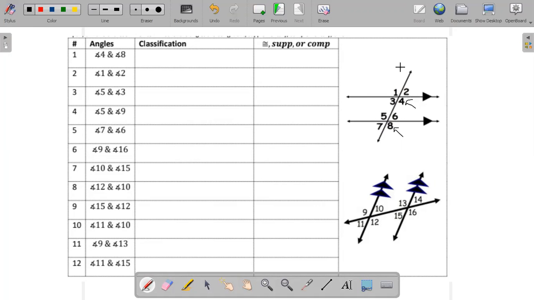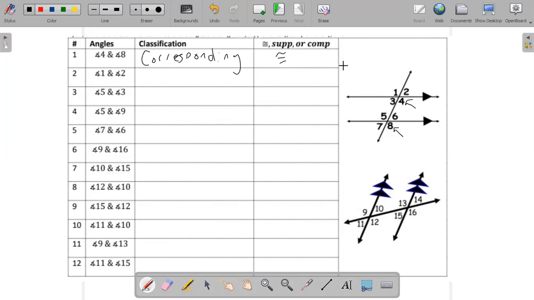But when I smash my hands together, you can see that angle 4 and angle 8 are not both on the inside or outside. They are actually both in the bottom right quadrant, which means that these would be corresponding. Up at the top of our sheet, it says that corresponding angles are congruent to each other, so these are congruent.